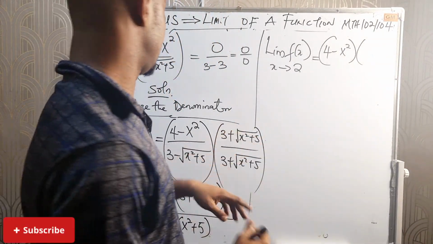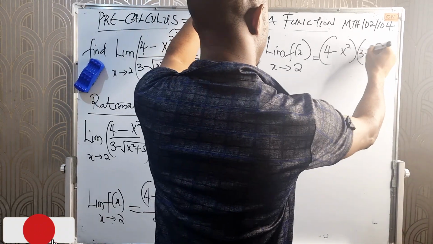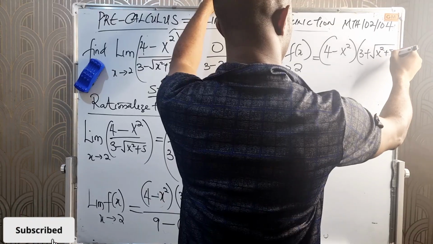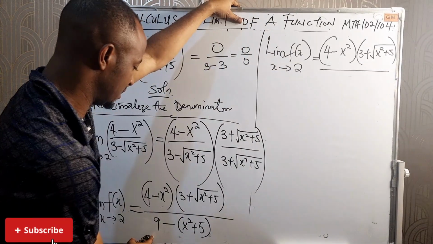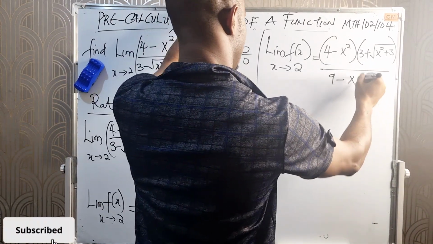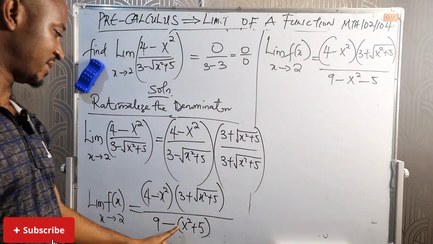Now, let's go. So here will give us, you see how here has 3 plus root s squared plus 5, all divided by, can we expand this? This will give us 9 minus s squared minus 5, right? Minus times minus is plus.